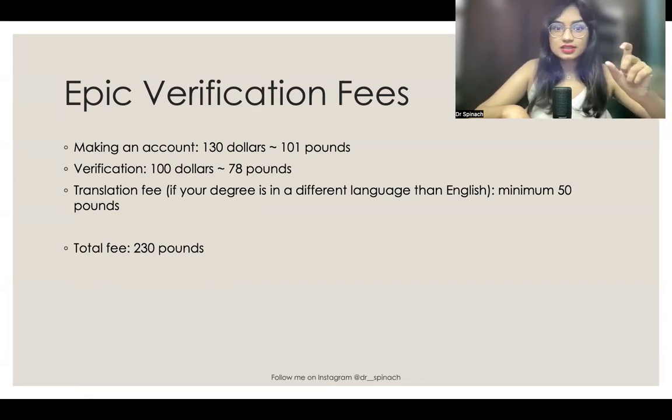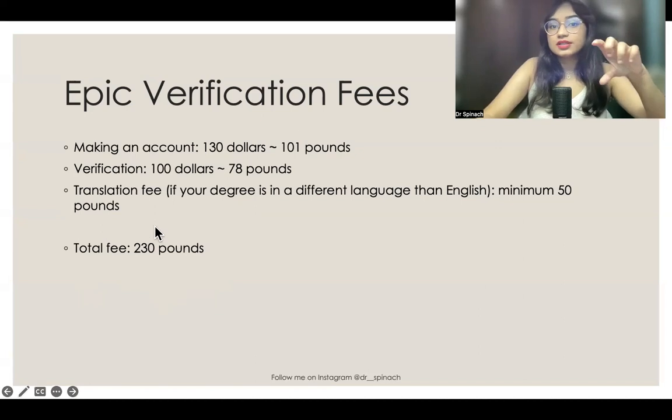So my Chinese degree was translated to English and it cost me around £50 for the translation. Now, translation also depends upon the language of your document. All right. So for EPIC verification, you are spending around £230.